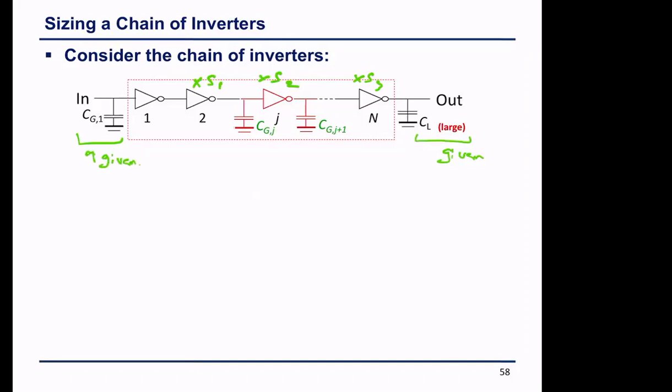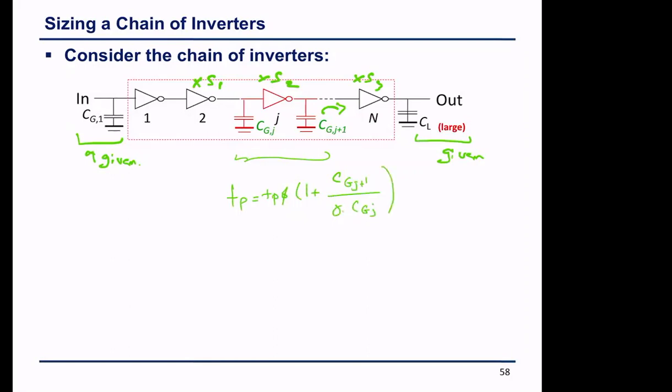If I want to write the delay for an inverter in the middle, we can write the delay for this inverter as TP equals TP0, which does not change, times 1 plus the external load. The external load is coming from the next stage capacitor, CGJ plus 1, over gamma times my own CGJ.